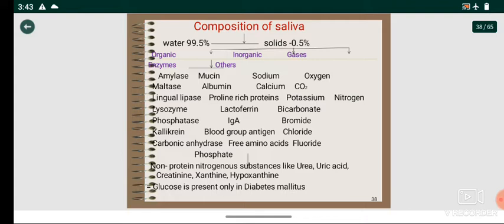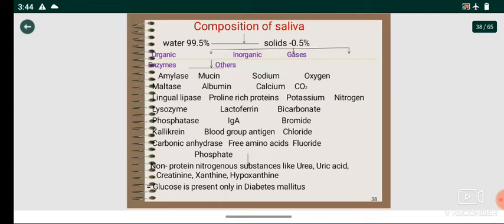Others are some digestive juices. Semen also contains blood group antigens. So these all are actually the secretors that we will learn in blood group. When I post a video on blood group, then I will explain it again. So blood group antigens are also present in saliva.